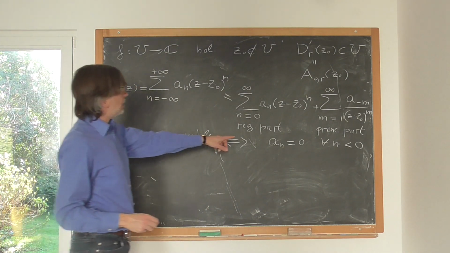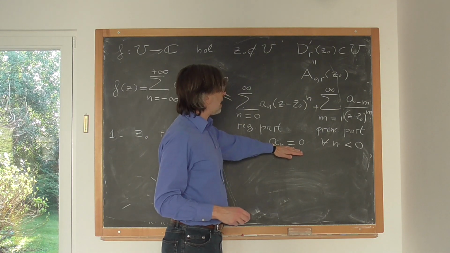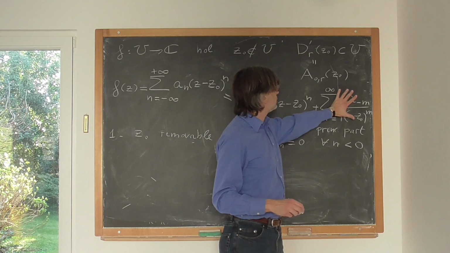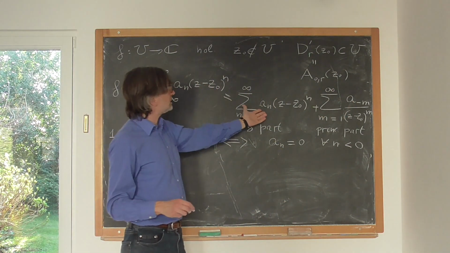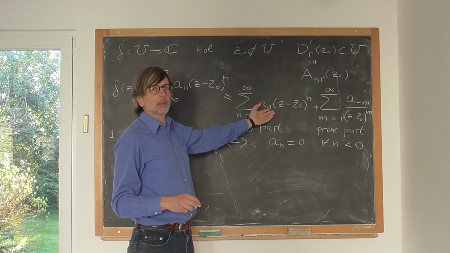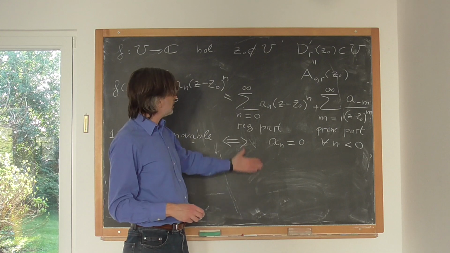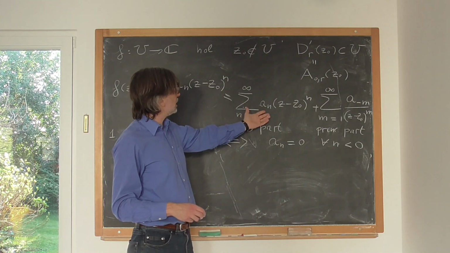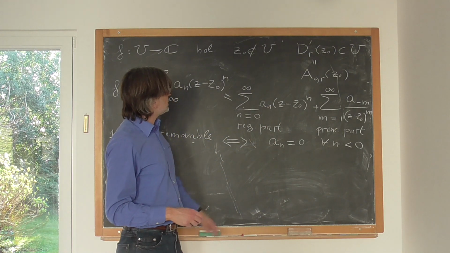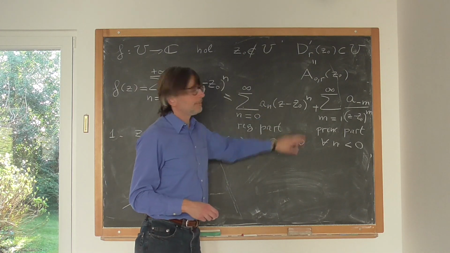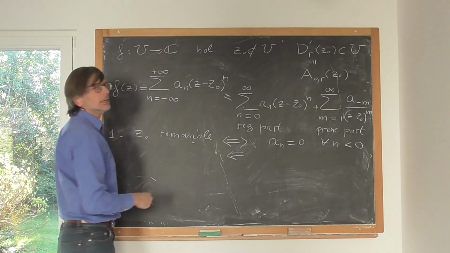One implication is clear. If the principal part is 0, if there is not this part, then f is just the sum of a converging power series, and we know that a converging power series will define a function which is holomorphic also at the center of the power series, so also at Z0. So this implication is clear.